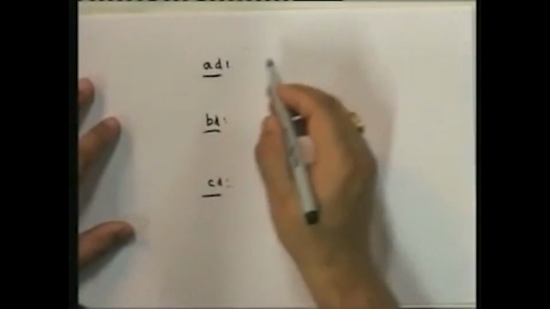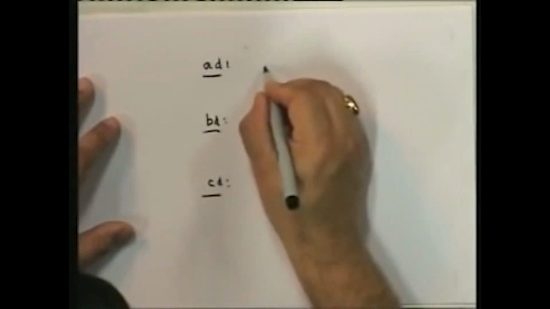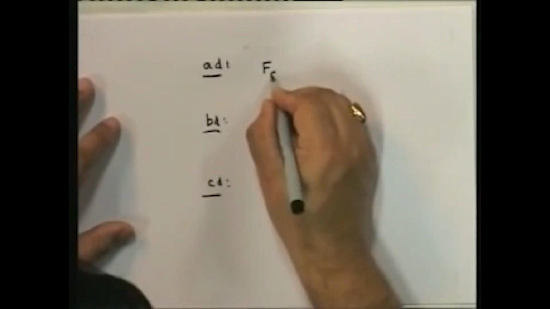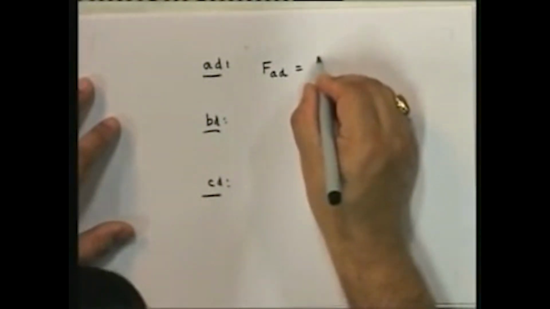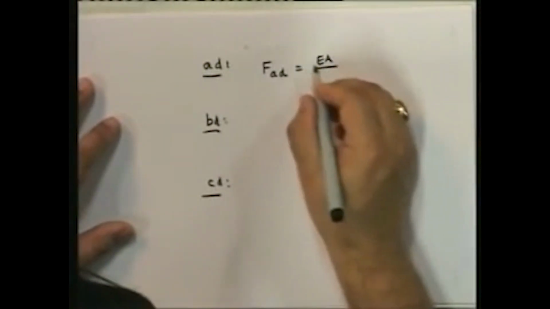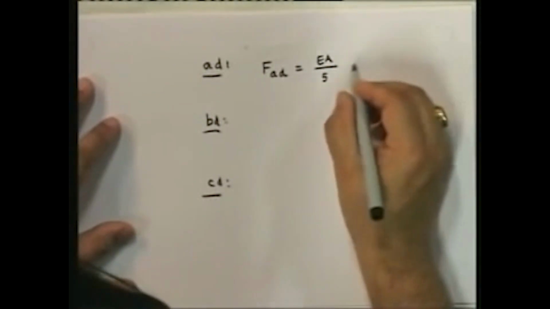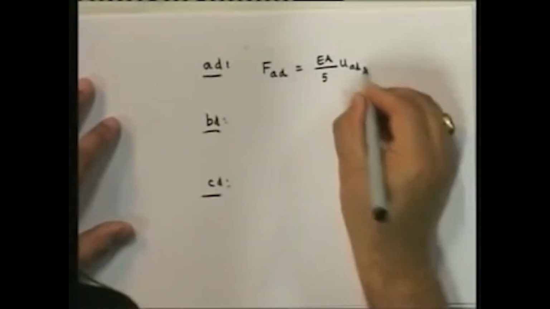For AD, what is the member force deformation relationship? It's going to be FAD is equal to EA upon L. L you will see is equal to 5, so EA upon 5 into UAD.